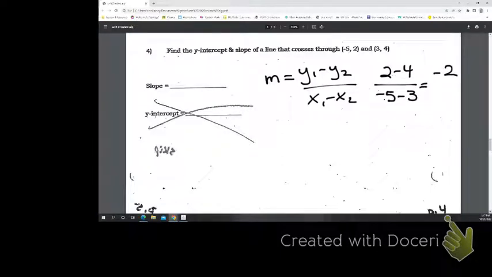So this would be negative 2 over negative 8, and that would reduce to positive 1/4. If you went in the other order, you would have positive 2 over positive 8, and it still would reduce to positive 1/4. The y-intercept would be to take that and find the b, but in this case I chose bad numbers. They don't work out nicely. They don't play pretty together. So just ignore that.